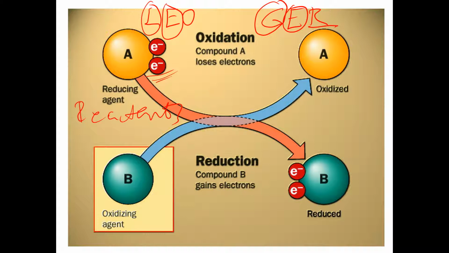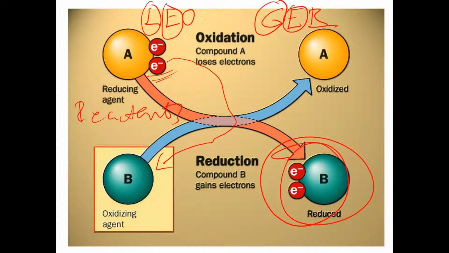Oxidation and reduction reactions are nothing more than shuttling around electrons from one molecule to another. It's a dance. Molecule A will transfer electrons to molecule B. And in your products, molecule A has lost electrons because it has donated the electrons to B. So A becomes oxidized, and B has picked up these electrons.